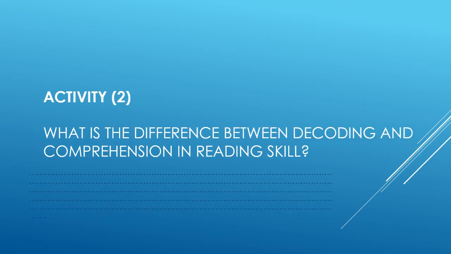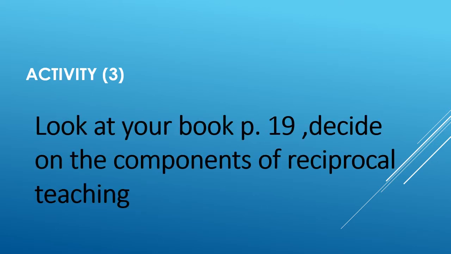Activity 2. What is the difference between decoding and comprehension and reading skill? Try to think. Activity 3. Look at your book, page 19. Decide on the components of reciprocal teaching.